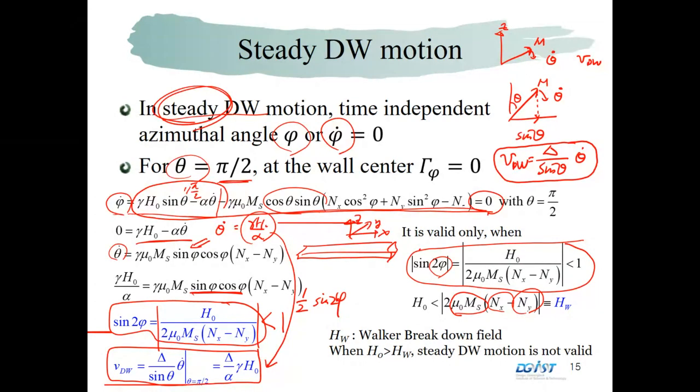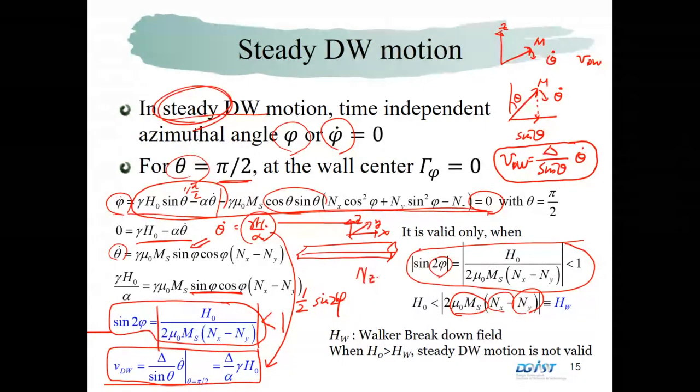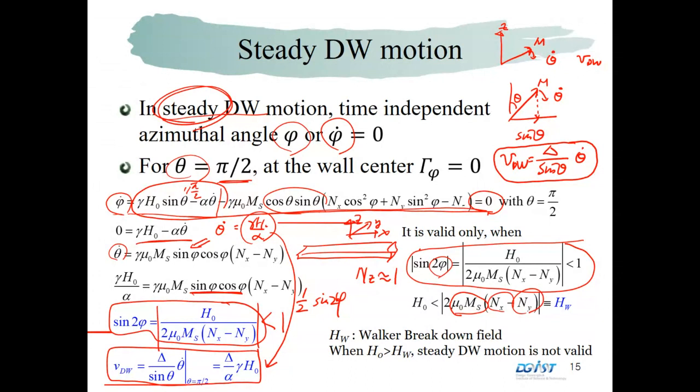In this case also, Nz is always about 1, but Nx and Ny are almost 0. But fortunately, Ny is slightly larger than Nx in this case. So we have a certain value, but it's a very small value.